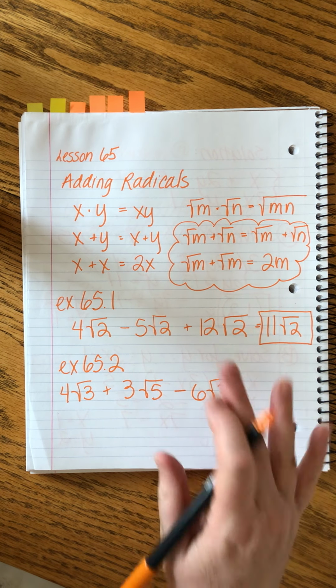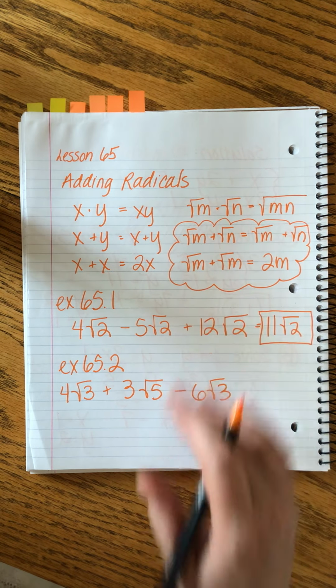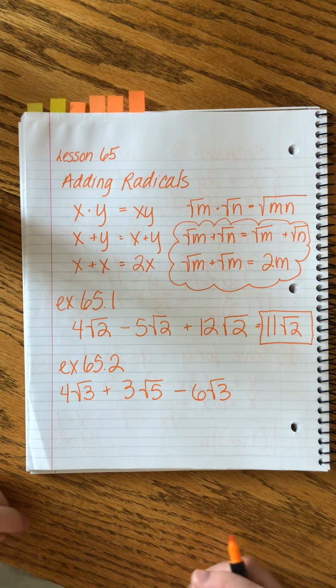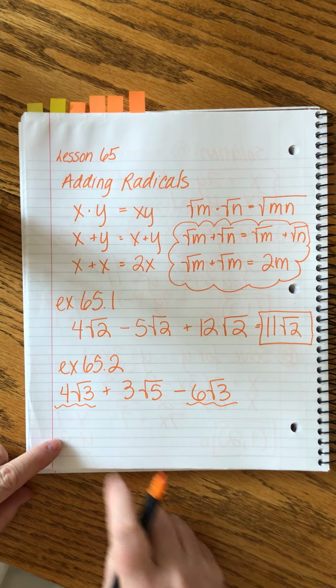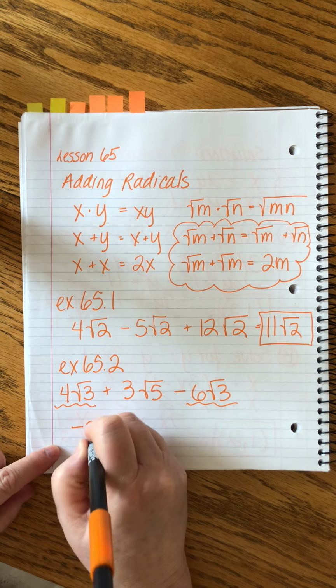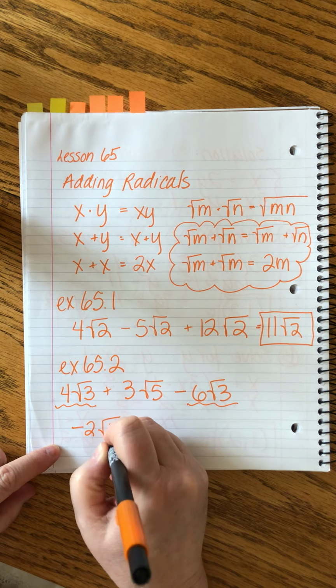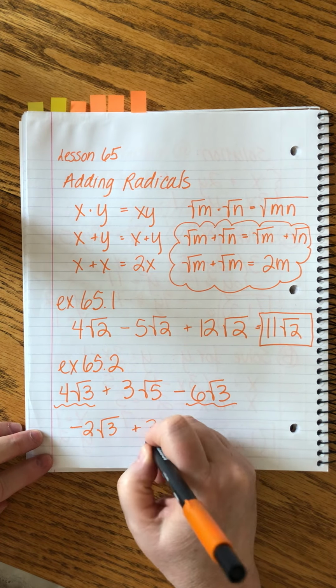So all we can do is combine the ones that do match and then just write down the separate ones separately. So here's a square root of 3. Here's a square root of 3. 4 minus 6 gives us minus 2 square root of 3. And then this guy's all by himself. So all we can do is say plus 3 square root of 5.